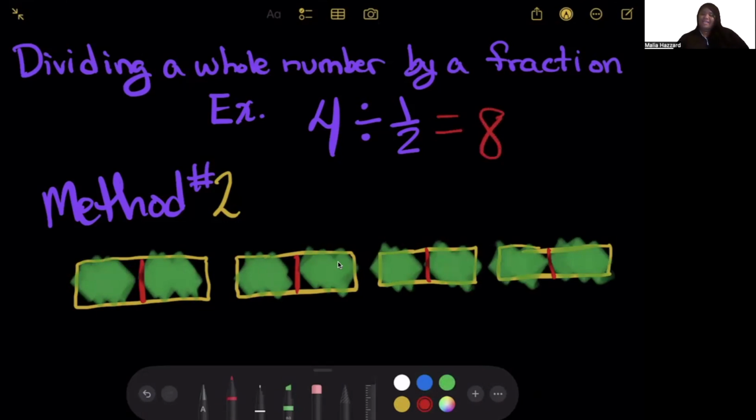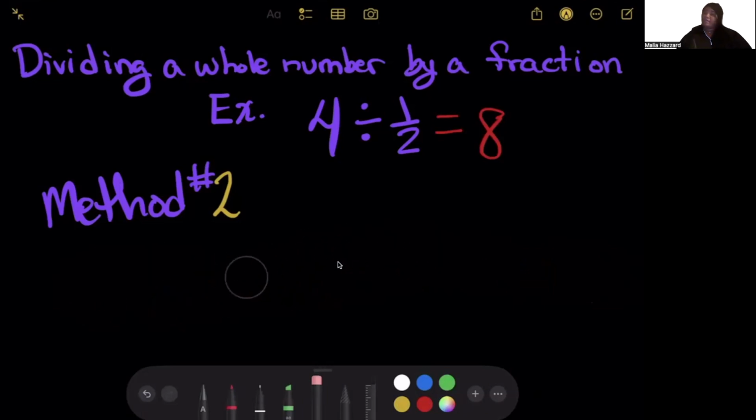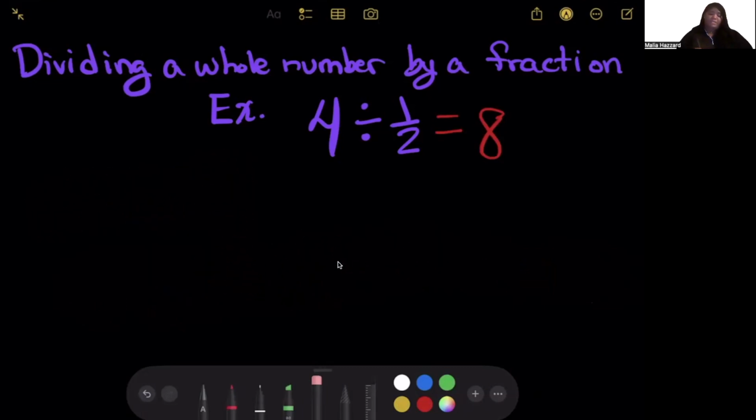All right. So I'm going to give you guys 3 problems to try on your own. Use either method you want. Either keep, change, flip, or physically write out your blocks and divide them up into pieces.